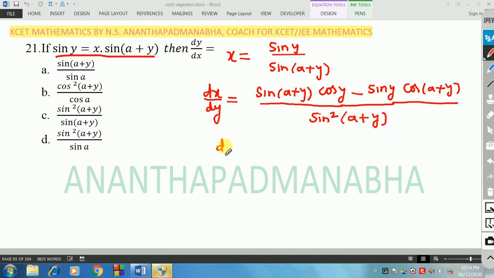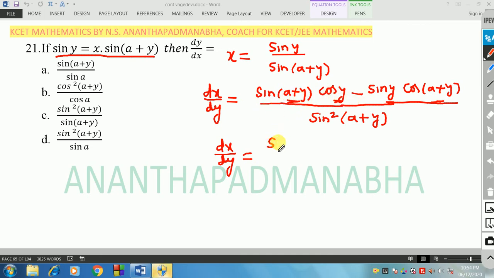So dx by dy is equal to sin a cos b minus cos a sin b in the numerator. You can observe this is in that form, where a is (a plus y) and b is y.